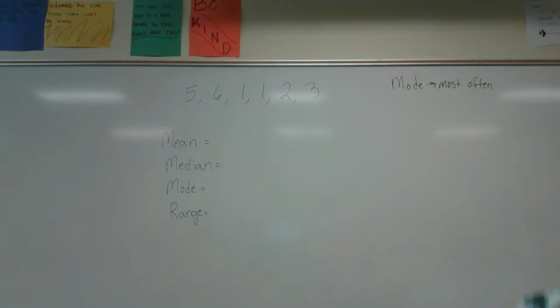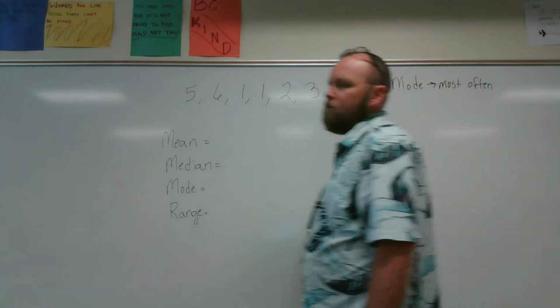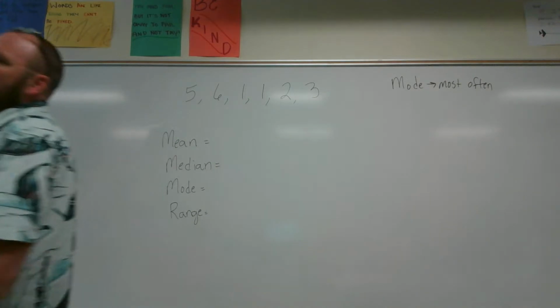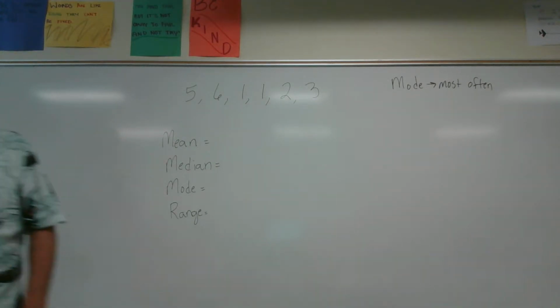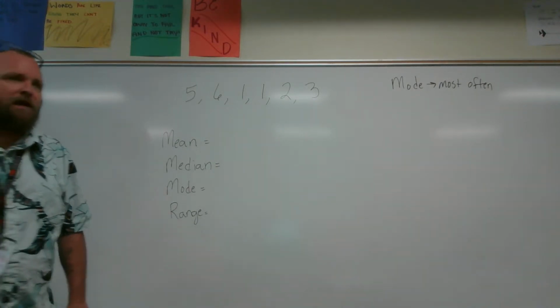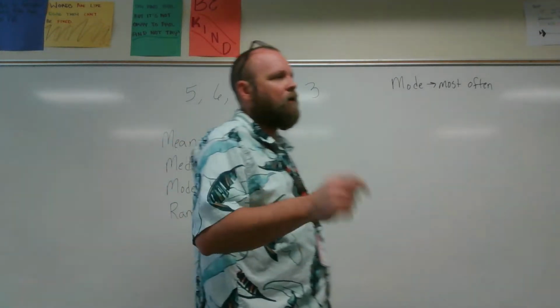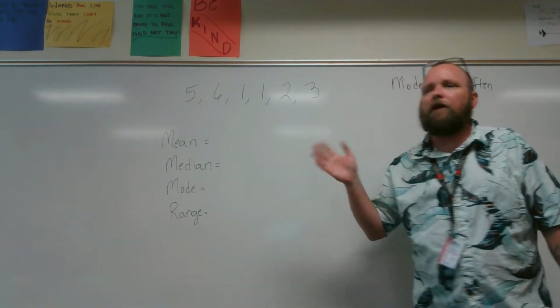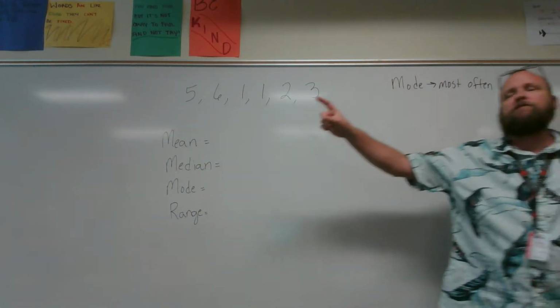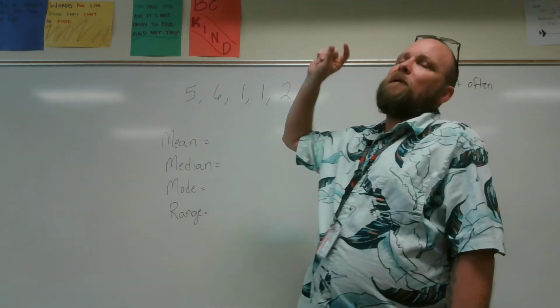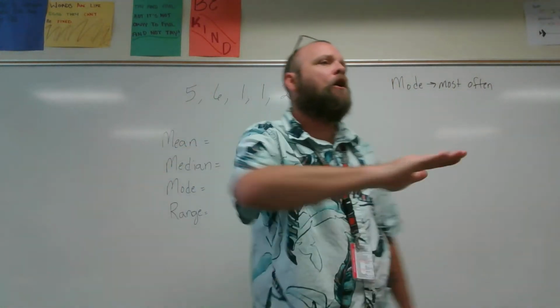All right. So the mode is finding which one shows up the most. If it does not have a number that shows up more than the others, if they all show up the same amount, then there is no mode.